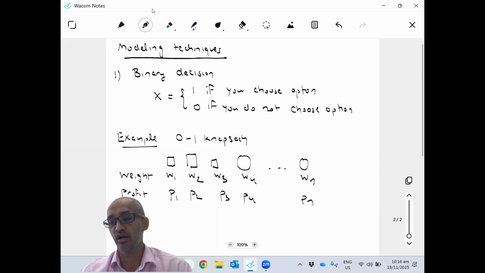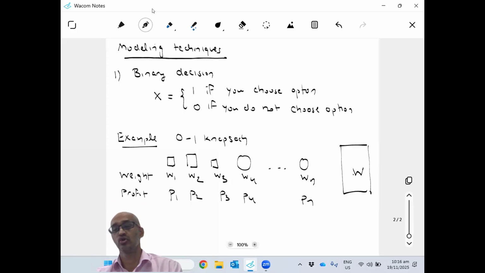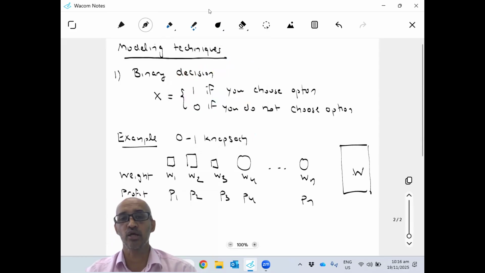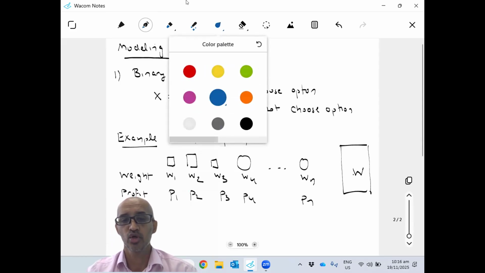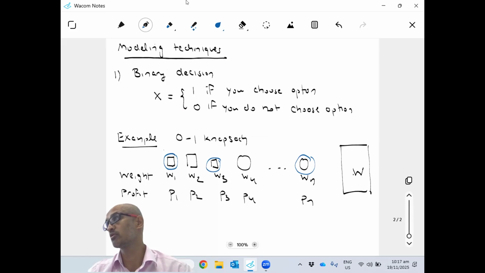And I've got a knapsack with total weight capacity W. I cannot exceed this total weight. So I have to figure out which items I put in the knapsack. Do I want to put in items 1 and 3 and, let's say, the last one, so that the total weight does not exceed capital W, and I want to maximize profits.